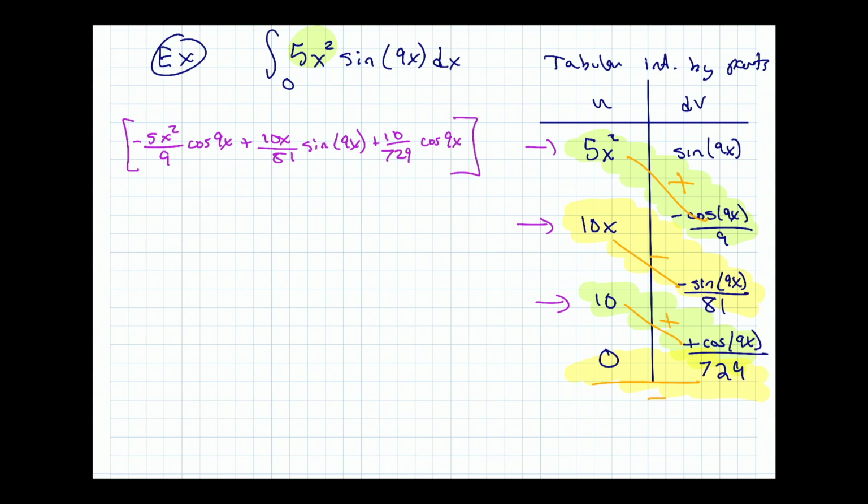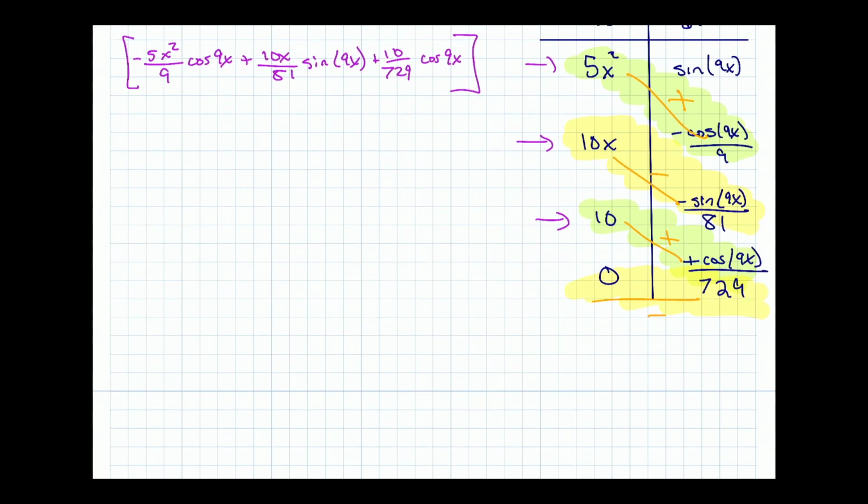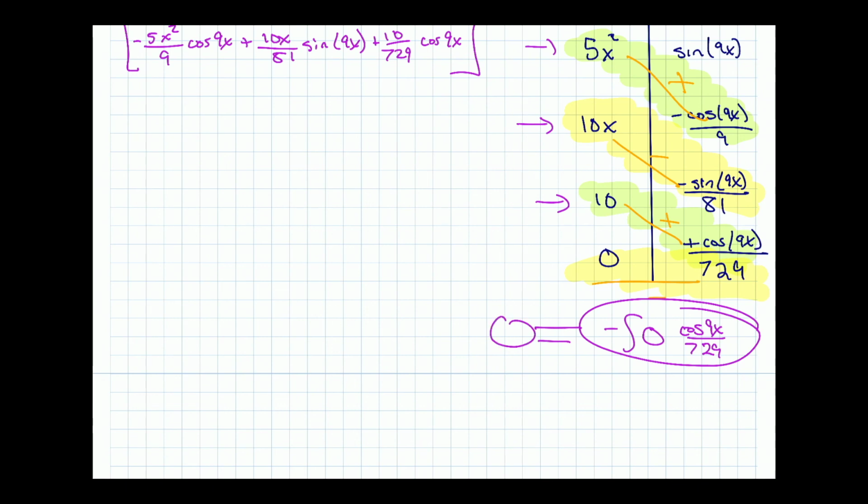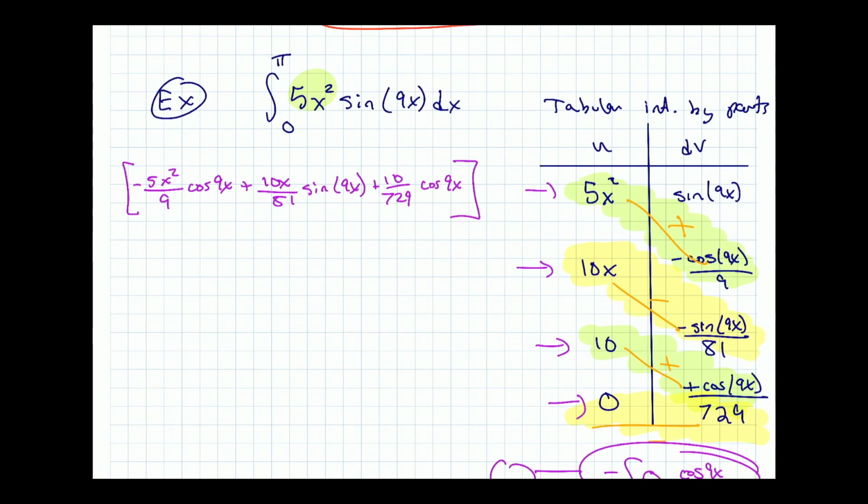All right. Now the last one, remember the last one's an integral, but in this case it would have been the integral of 0 cosine 9x over 729, but this is 0. Okay, so when you integrate 0, you get 0. So if you end up with a 0 here, then you don't need to add the last one on the list because it's 0.